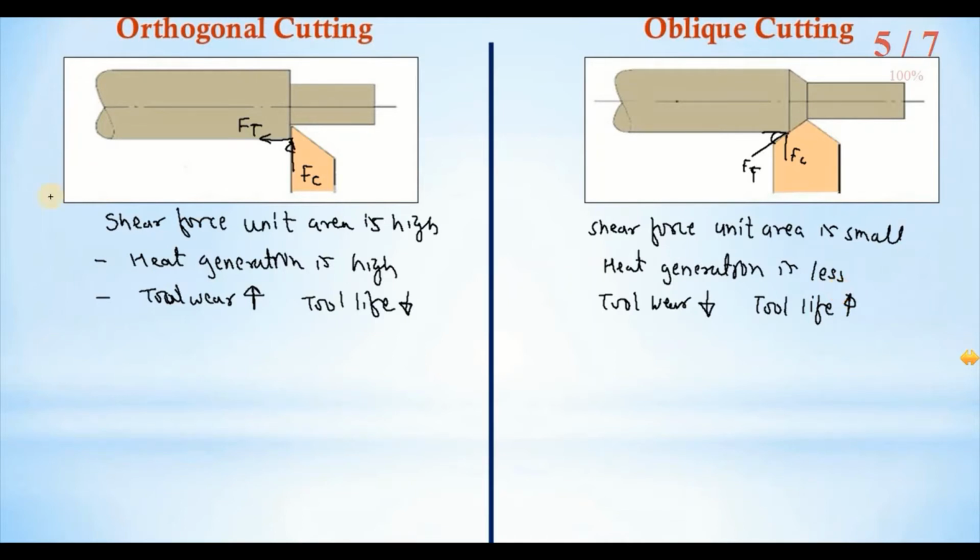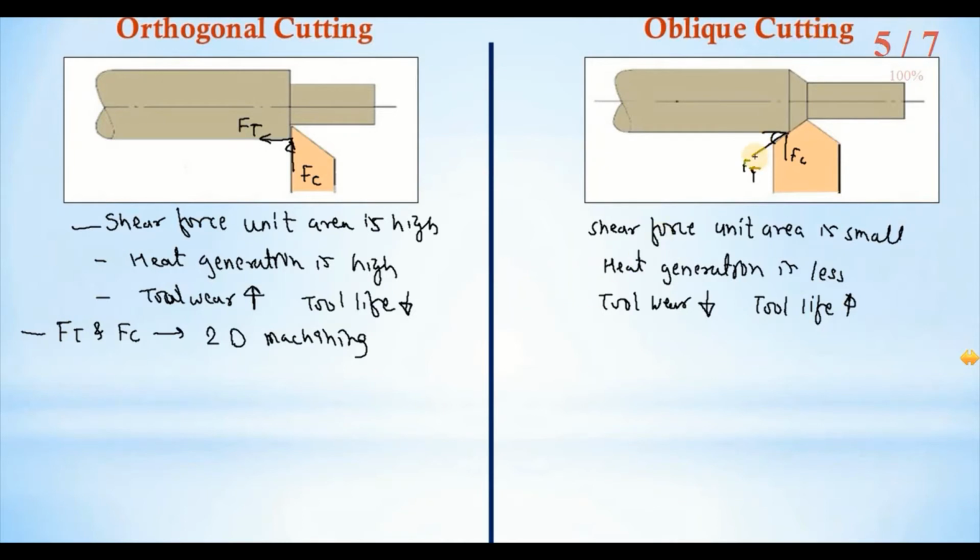Now here two components of forces are acting, that is Ft and Fc, so it is called a 2D machining process.